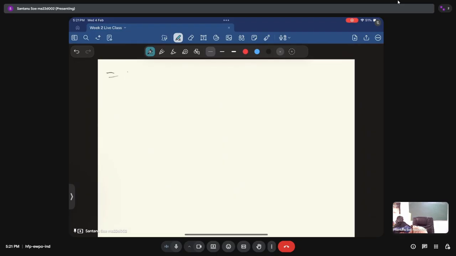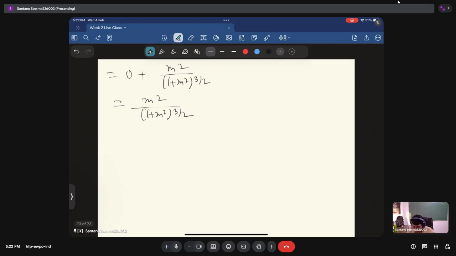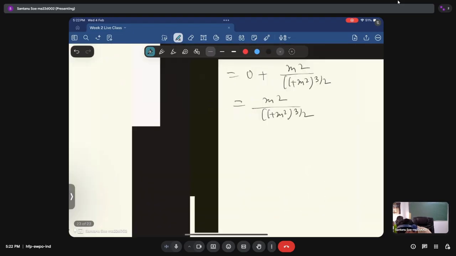Now this first limit is 0, and this limit is m square divided by (1 plus m square) to the power 3 by 2. So clearly we can see from here that for different values of m, we'll get different values of the limit. So this limit does not exist, correct?